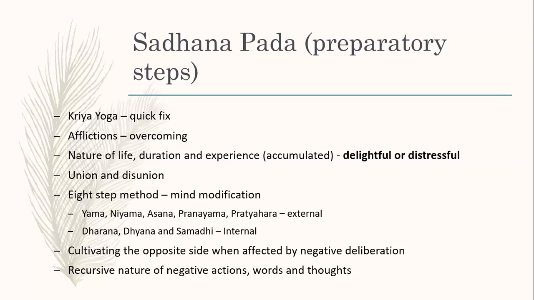Then, recursive nature of negative actions, words, and thoughts. Okay. So in the second chapter, if you just have a glance over all the points, these are very directly present, here and now present problems.